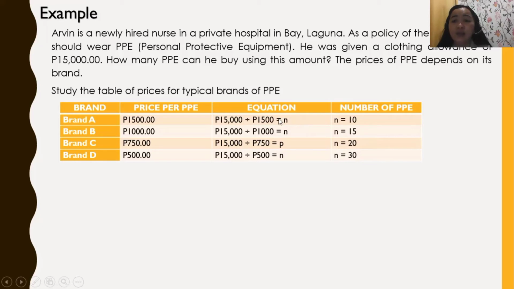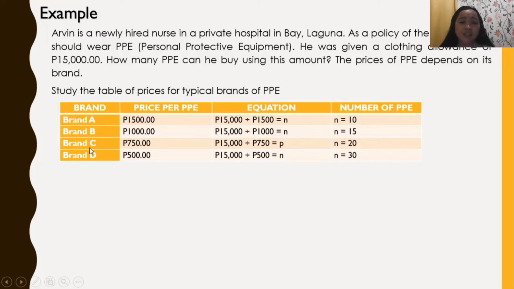This is our equation. And the number of PPE that he can buy using this brand A is 10. And for brand B, 1,000 pesos ang isa. Kung bibili siya, ito yung equation at ang makukuha niyang bilang ng PPE ay 15 PPE ang mabibili niya.